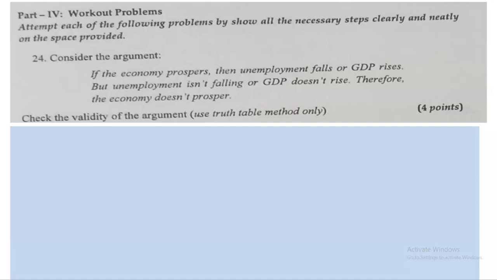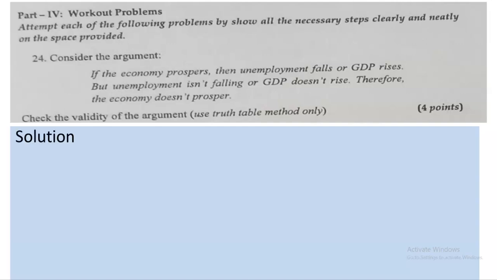Question number 24 says you are given a certain argument, so you're supposed to identify whether this argument is valid or not. And we know that an argument is valid if the conclusion comes out true for all assumed true premises, okay? So first we have to write this mathematically, using mathematical symbols. So let's proceed.